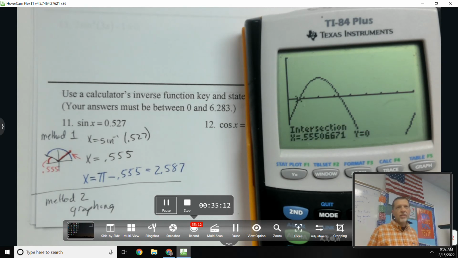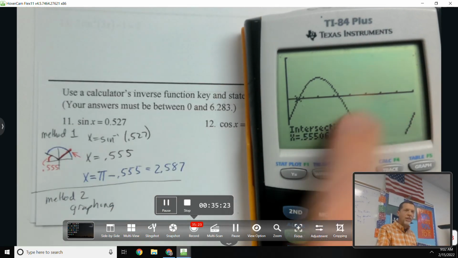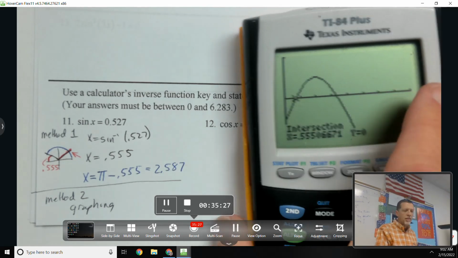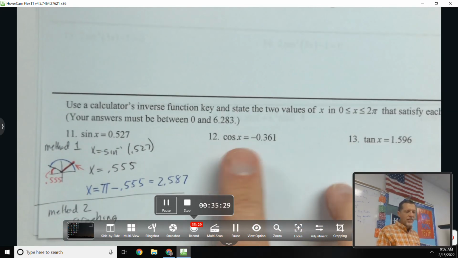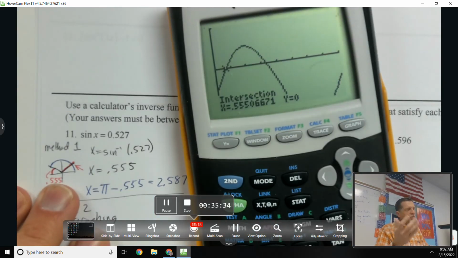Okay. When that one checked out, I was pretty sure I got the first one right because the second answer depended upon the first answer. But if you don't want to use that method at all and you just want to go to the graphing because that way they all work the same, that's fine. That's why we don't spend a whole lot of time on that. If you've got to use the calculator anyway, then you can just do the graphing method and not have to worry about it.